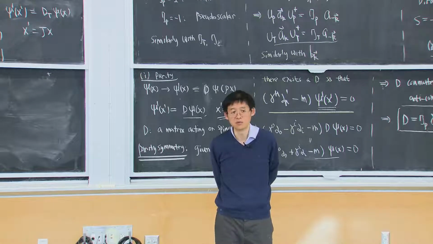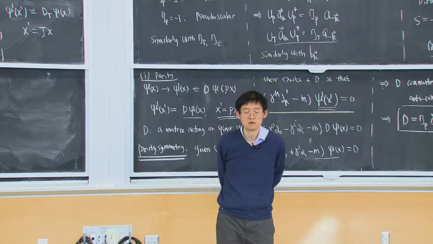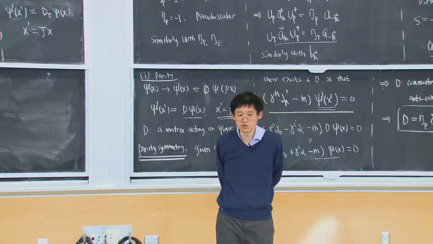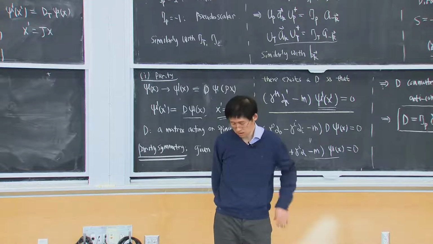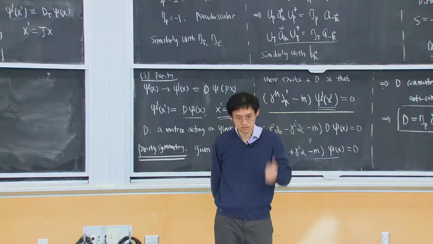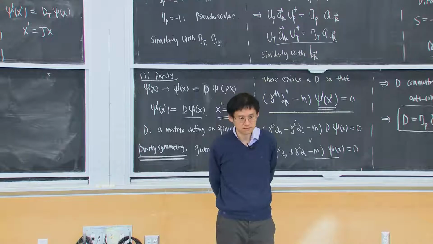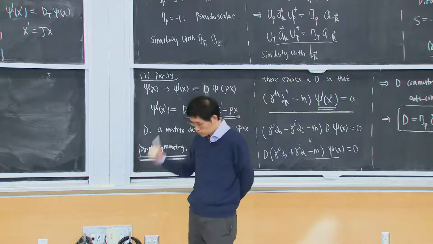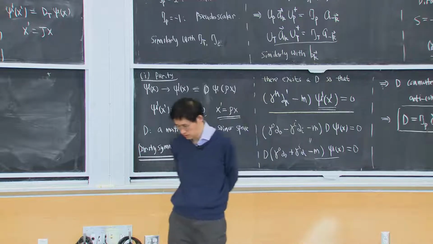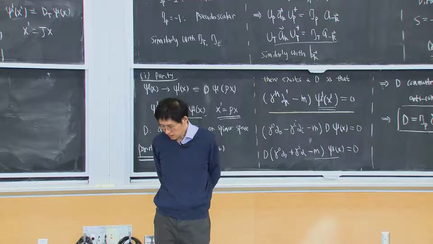If they were related by a boost, then we should only worry about one of them, because the boost you already understood. So they are independent discrete transformations, not related by any other continuous transformation.